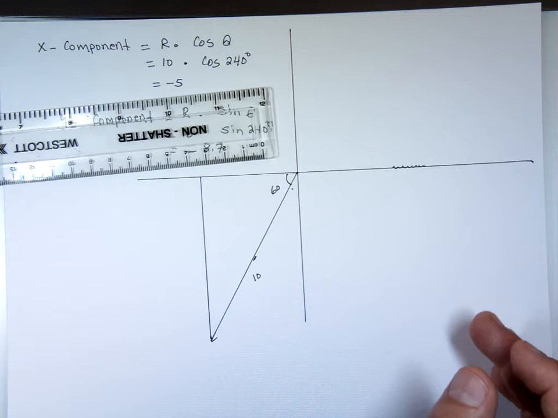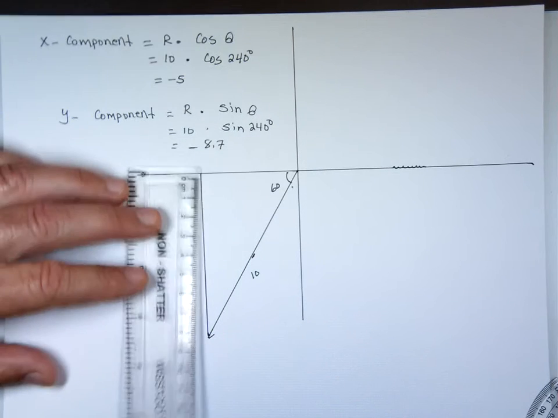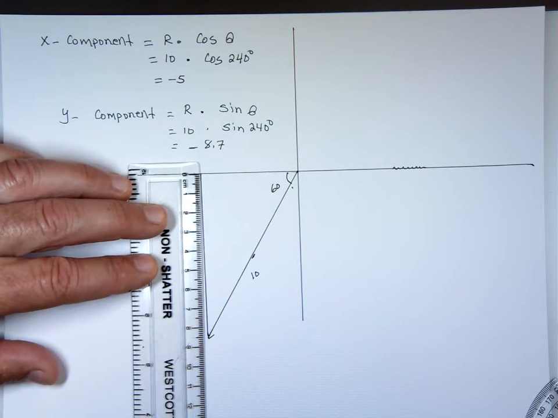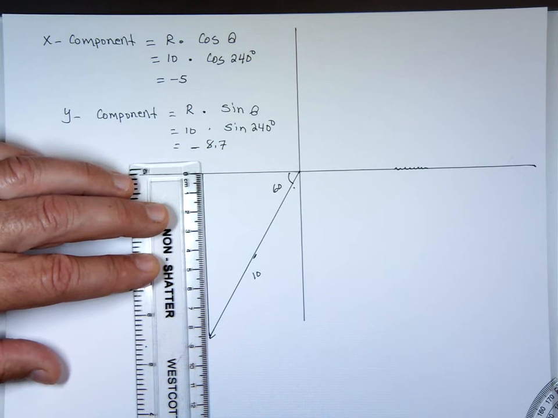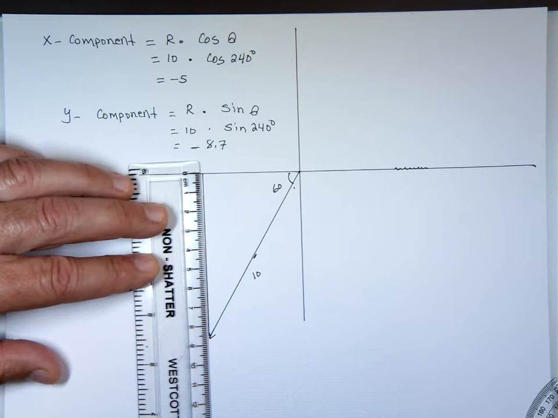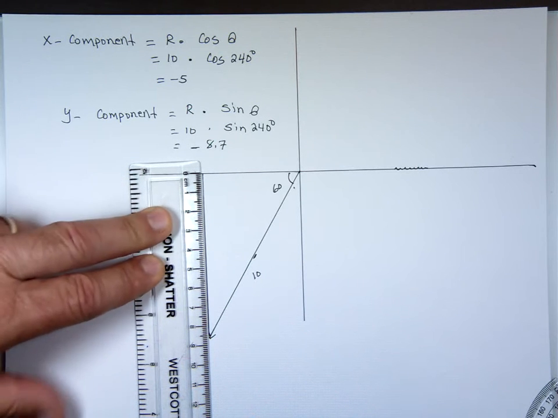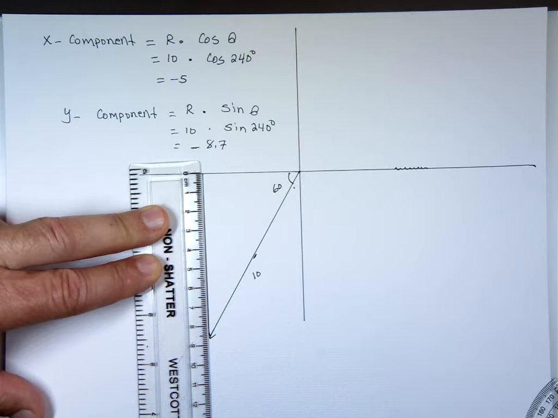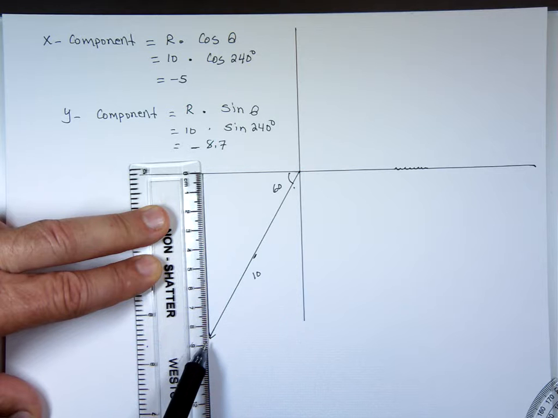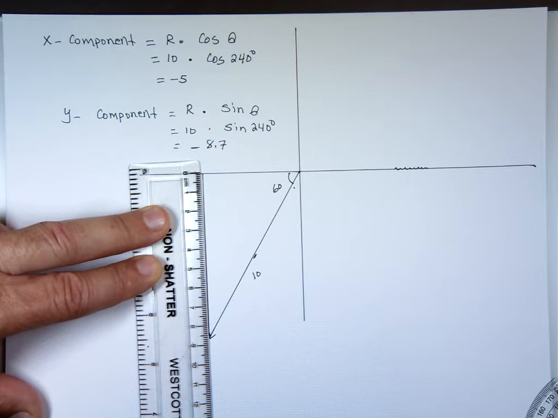Let's measure the y value. It should be negative because you're below the x-axis. Is that 8.7? Look at that. That's the 8.5, and you pass that by a little bit. 8.7.